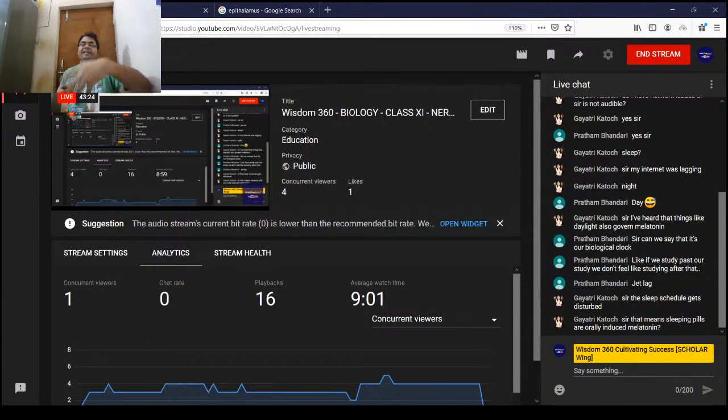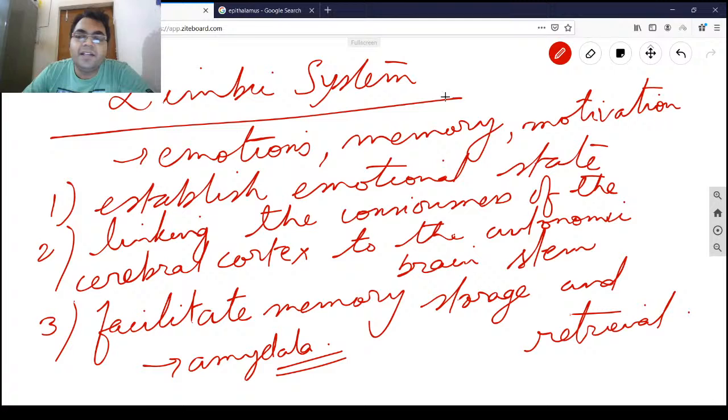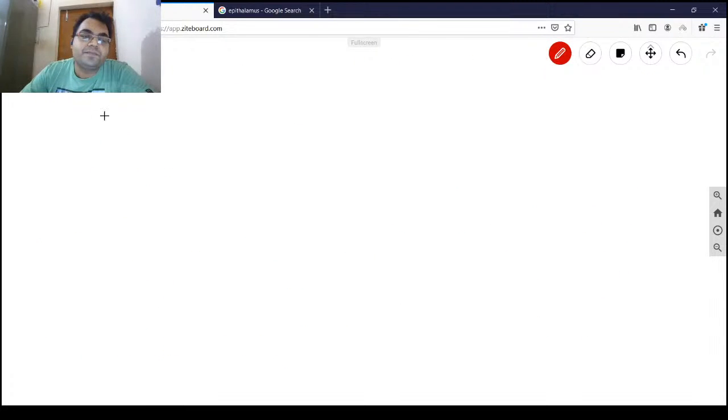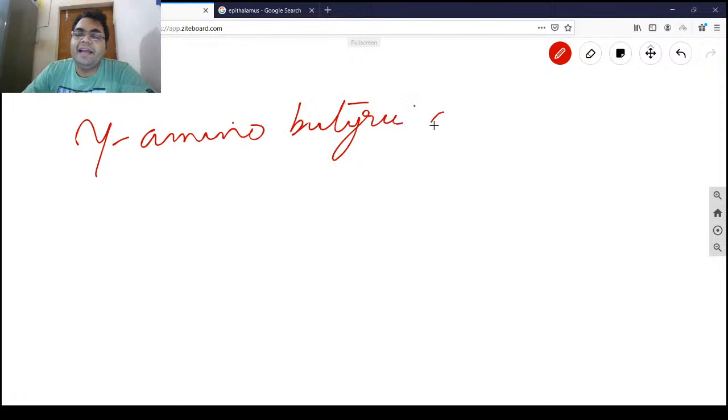There is a neurotransmitter which hyperpolarizes the postsynaptic neuron, known as GABA, gamma amino butyric acid.